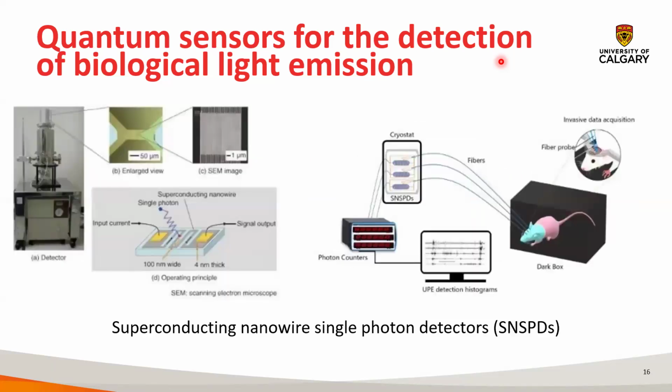And then lastly, I'd like to talk about another kind of detector that we have in the lab, but we're still working on getting it to be able to detect biophotons, and that is the superconducting nanowire single photon detectors. These are more familiar to people working in quantum physics, as they're usually found in a cryostat at very low temperatures.